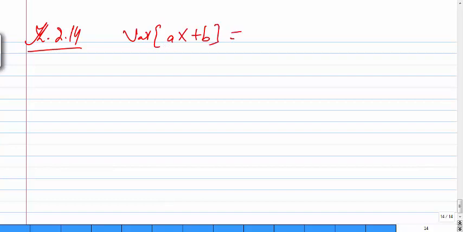Now move to the next thing, theorem 2.14. It says that the variance of aX plus b does not follow the linear combination; it is equal to a square times variance of X. Let me do an example here quickly. This is example 2.35.